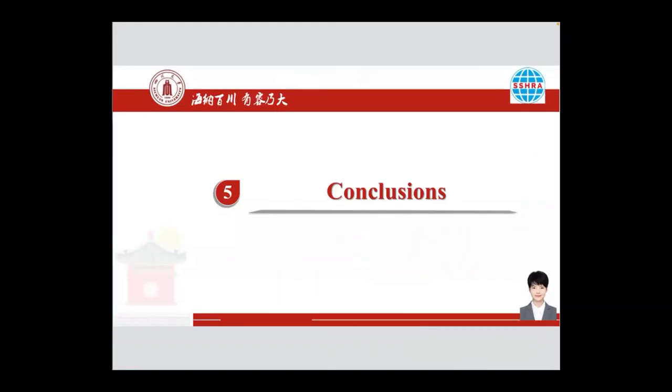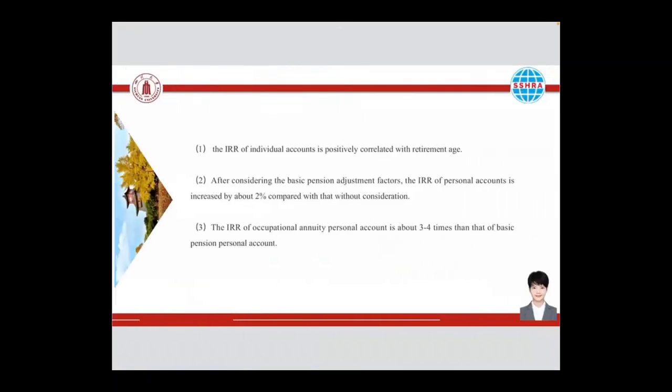Finally, we make a conclusion about the above work. First, the IRR of individual accounts is positively correlated with retirement age.